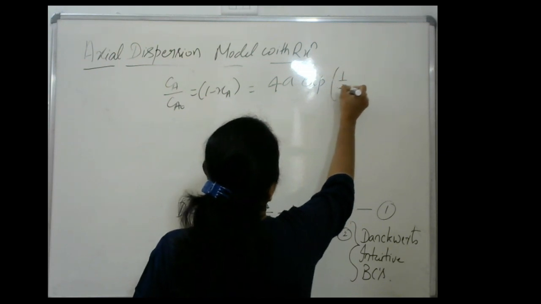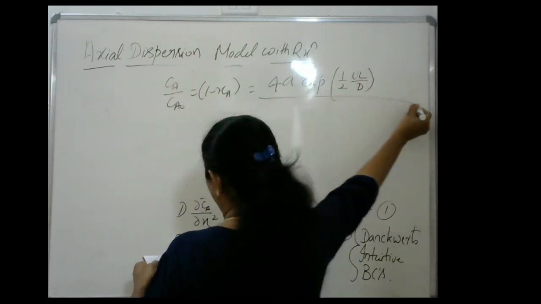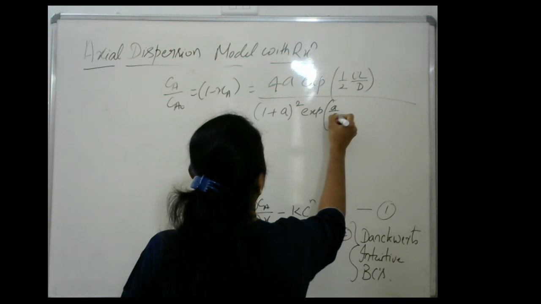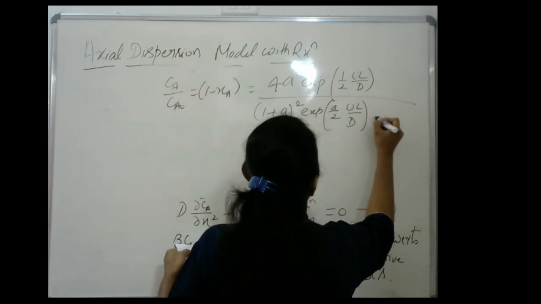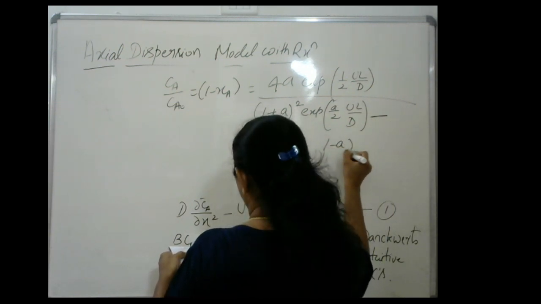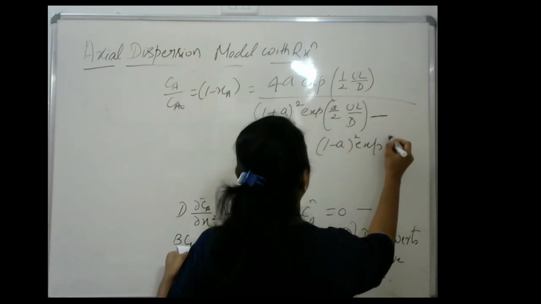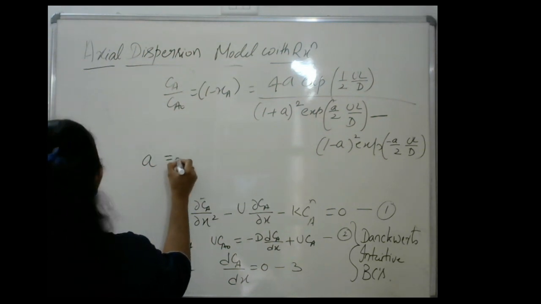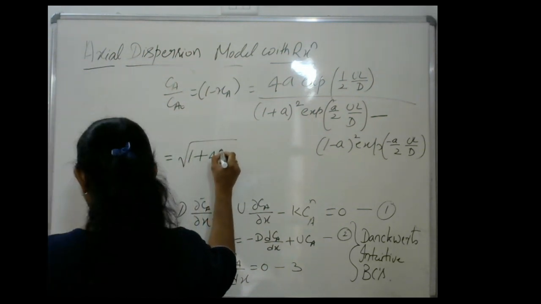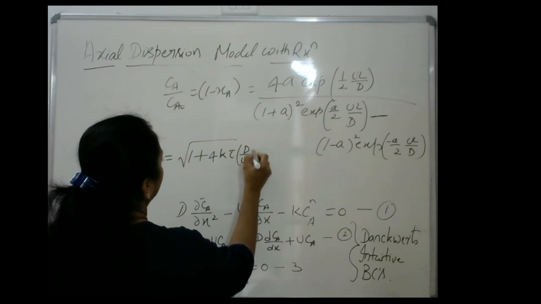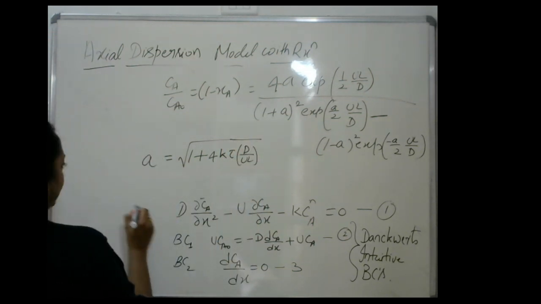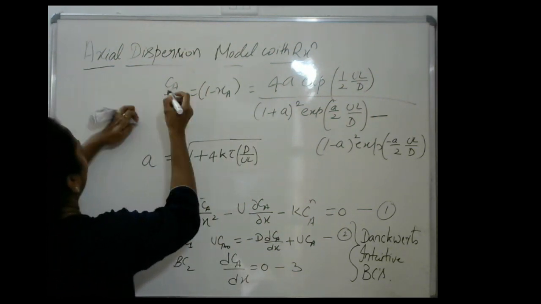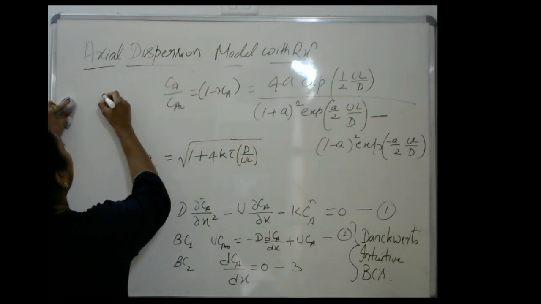Yes, this is your equation for finding Ca/Ca0 in a non-ideal PFR.